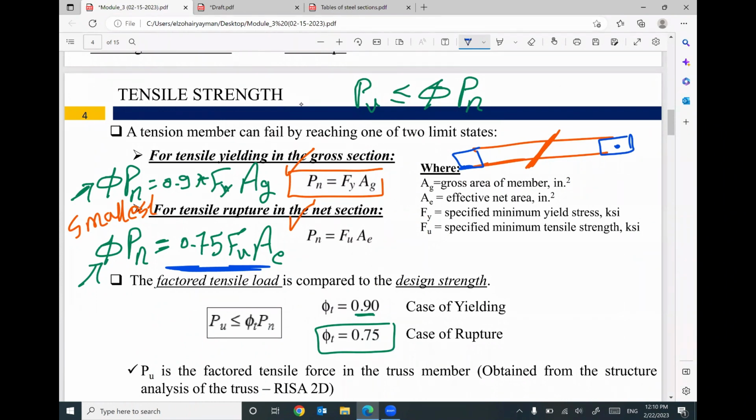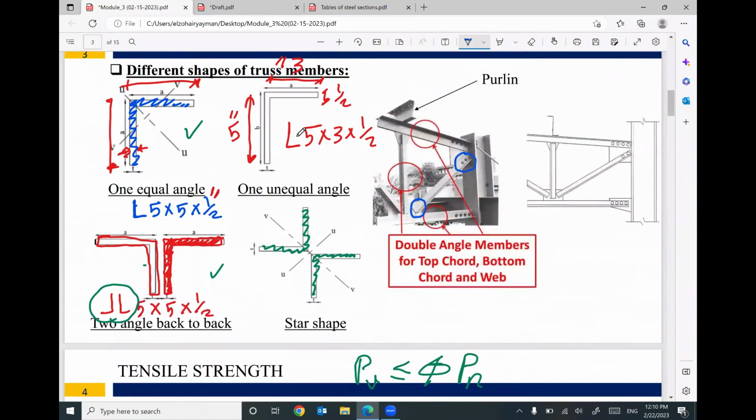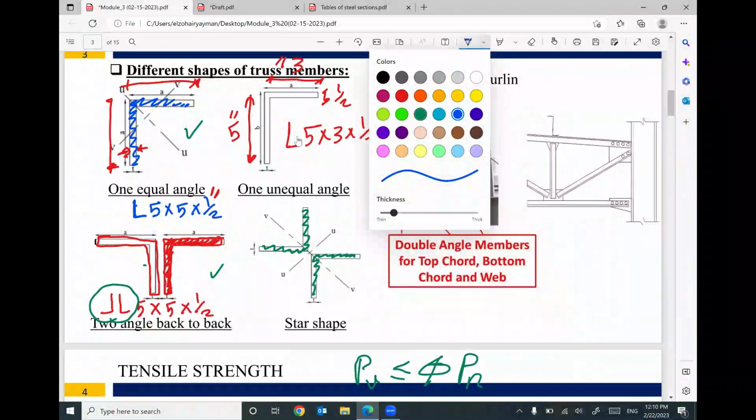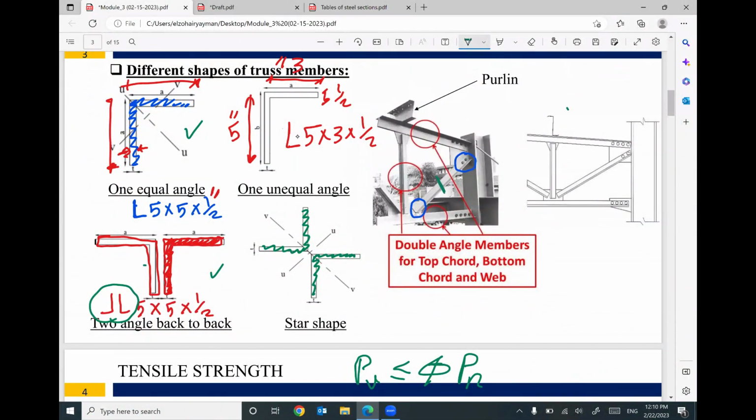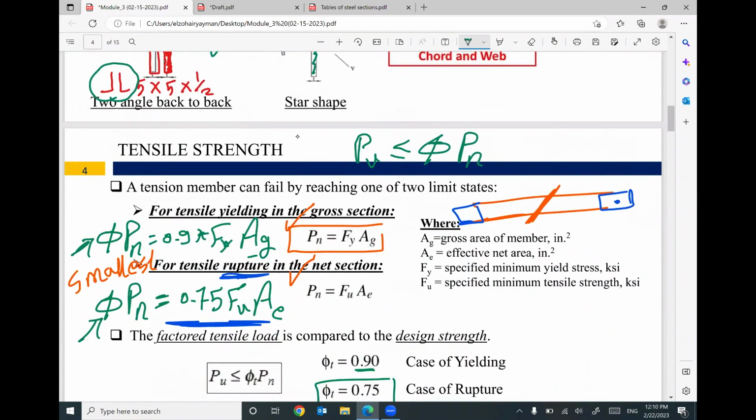In the second criterion, we are worrying about rupture. If you have bolts, if you have weld, if you have something like this, we are worrying about rupture of the member at this location. But if you are talking about this position of the member, we don't have anything. This is the reason why we are using area gross, the total area. So this is the case worrying about the member at the midpoint.